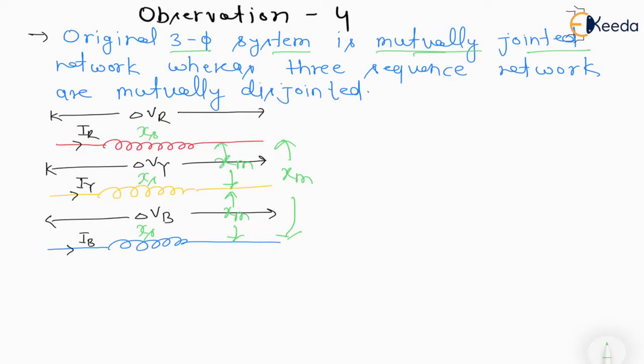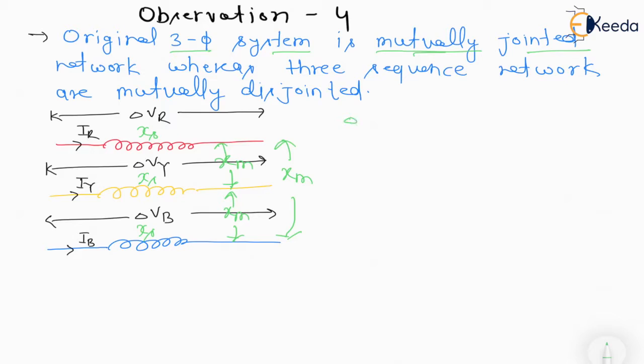What is the meaning of jointed first? Jointed means if we are watching R phase, Y phase and B phase, then the mutual reactance will affect the voltage of each other due to current flowing in R phase, Y phase and B phase.